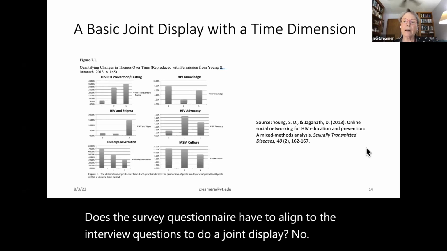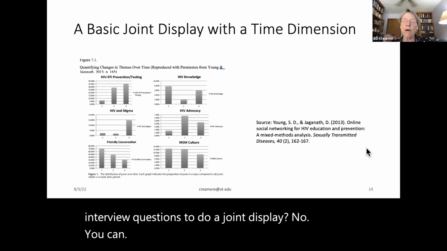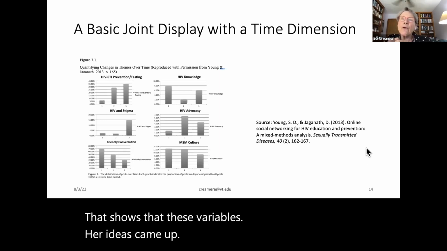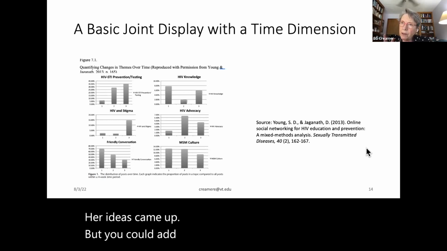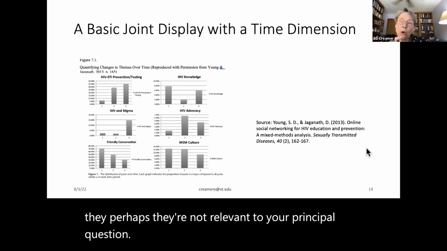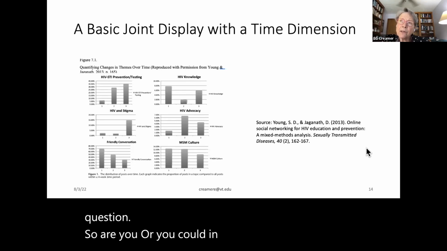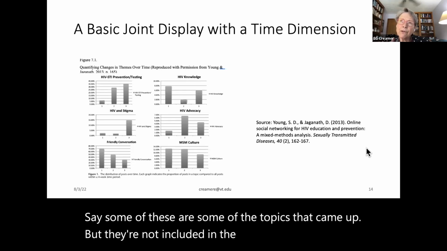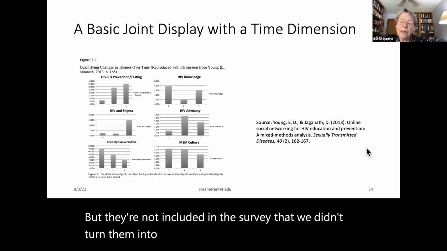No. You can have a line that shows that these variables or ideas came up, but you could add credibility to your table by saying perhaps they're not relevant to your principal question. So you could in the surrounding text say these are some of the topics that came up, but they're not included in the survey. We didn't turn them into survey items because they're not, one sentence or something.